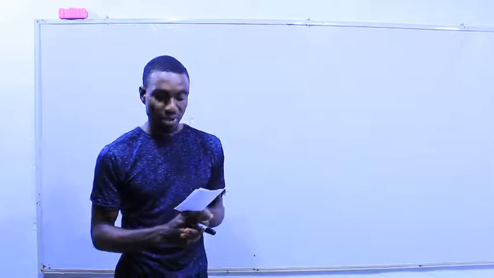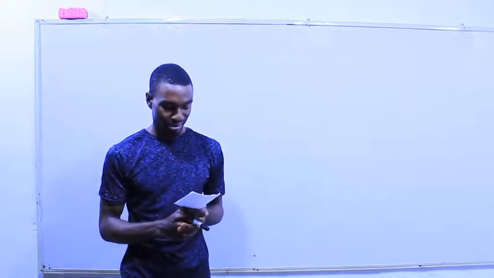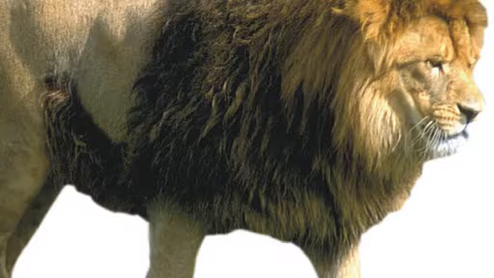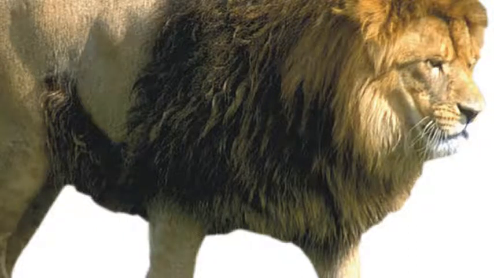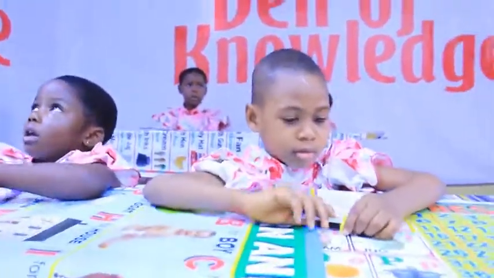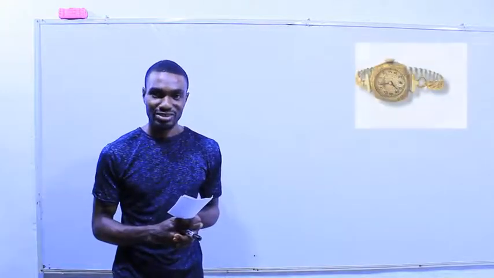Kangaroo. That is a kangaroo. L for lion. Lion. That is a lion. M for montre. Montre. That is a watch.